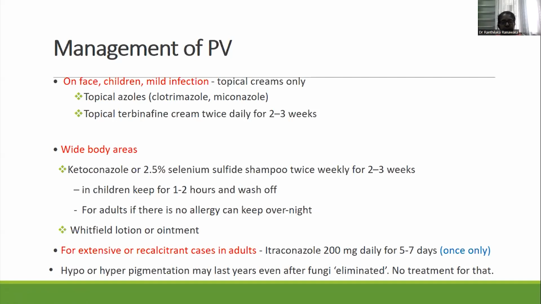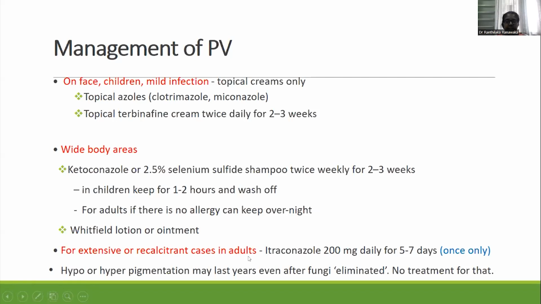If there's no allergy, they can keep it overnight. But for children, keep for 1 to 2 hours and wash off. So they have to do it for about 1 month, not 5 days, not 1 week, right? It's for 1 month.